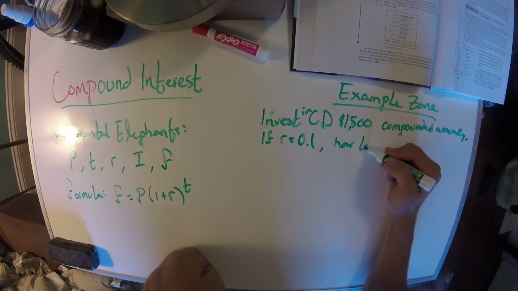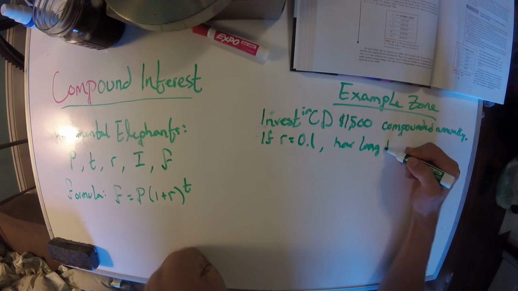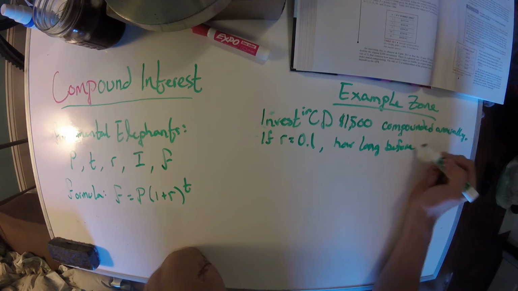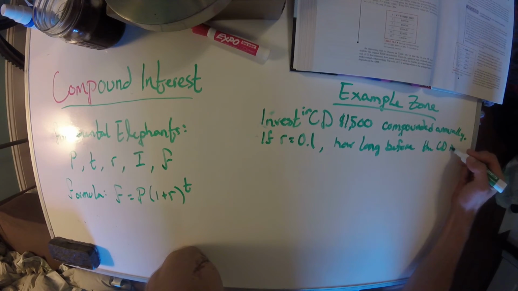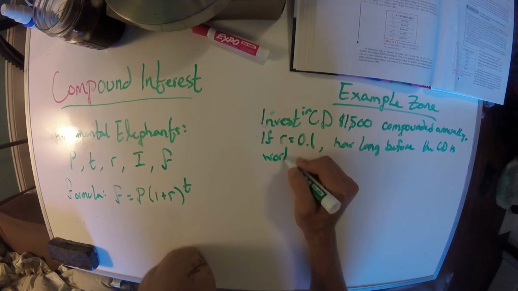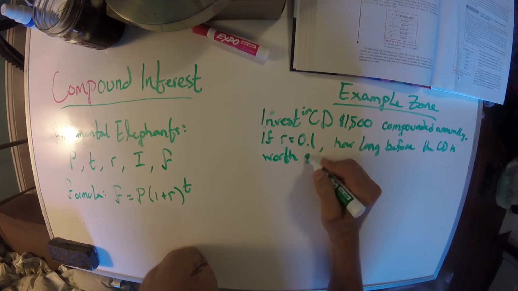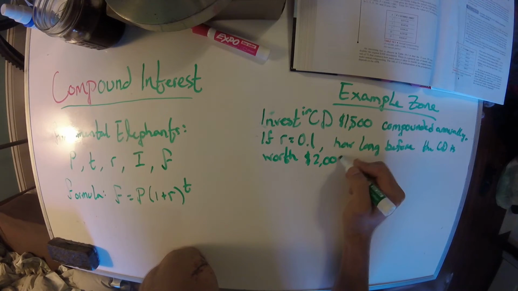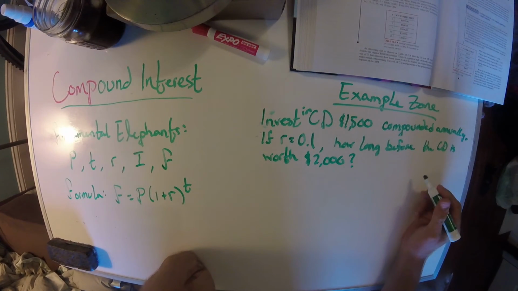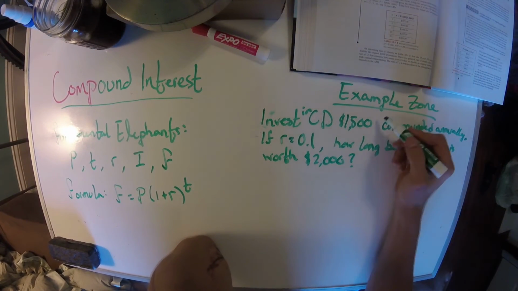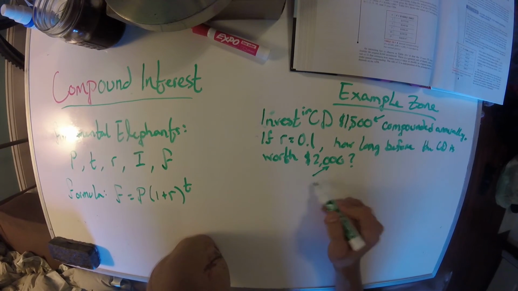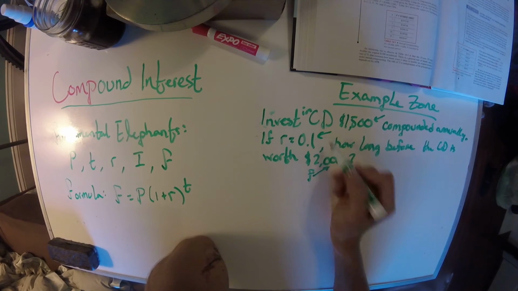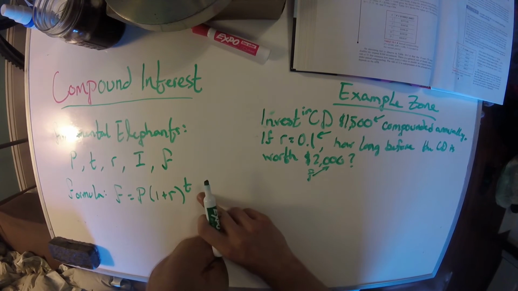How long before the CD is worth $2,000? So now what we have is our P and our F and our R, and what we want to know is T.